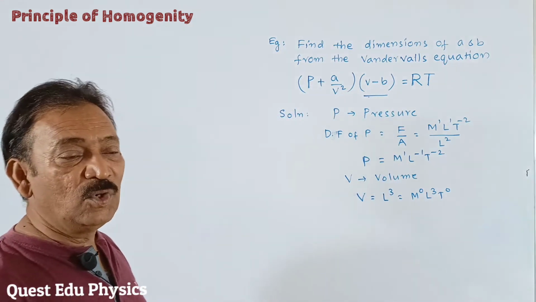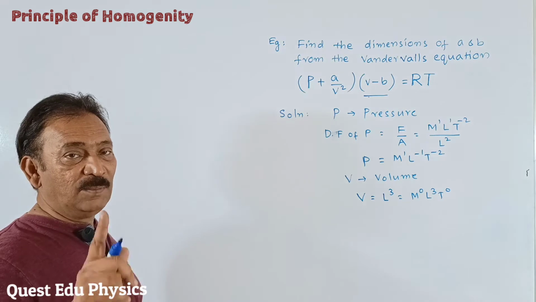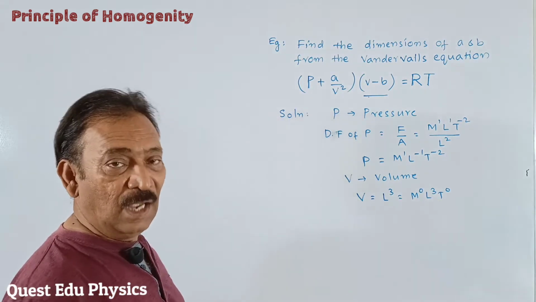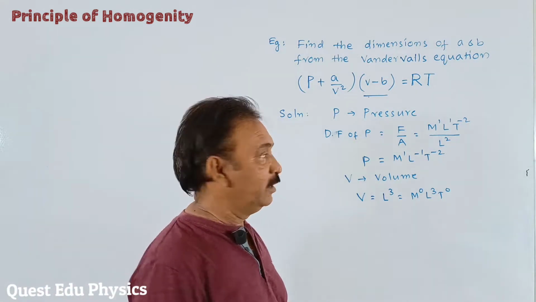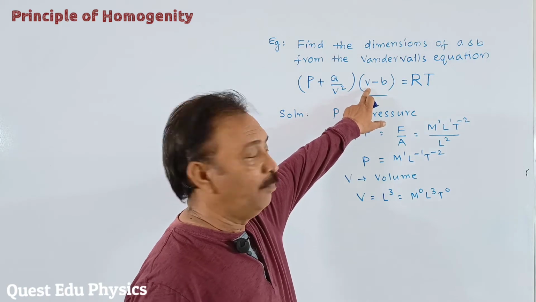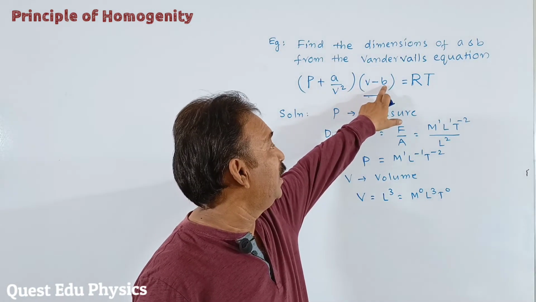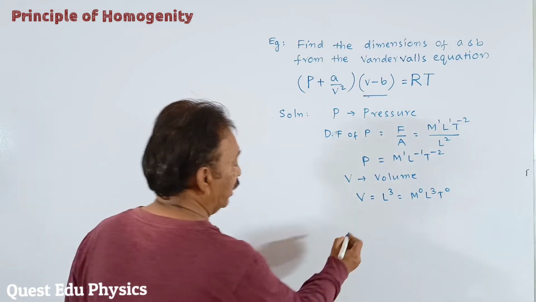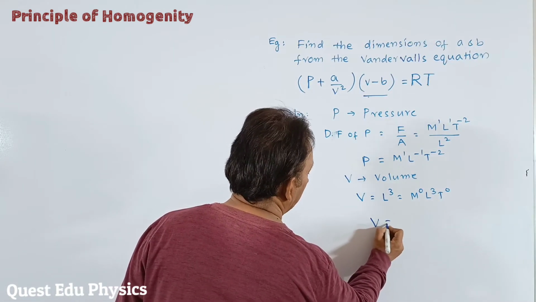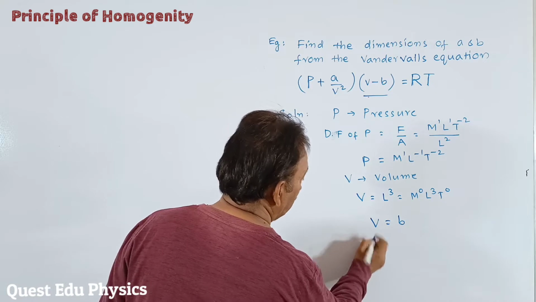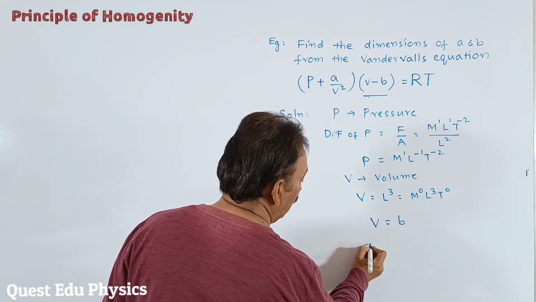The principle of homogeneity tells us that similar physical quantities have to be added or subtracted. That means V must be equal to B. Then we can write V is equal to B. Already we got the dimensional formula for volume.